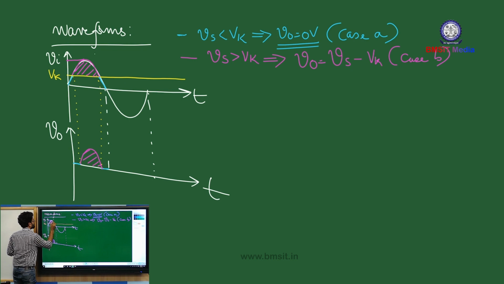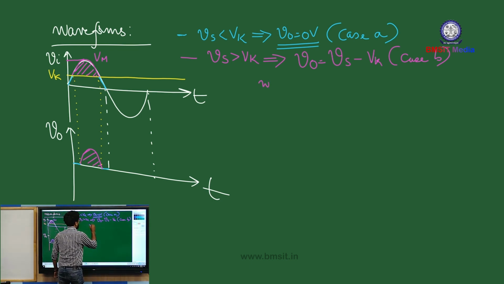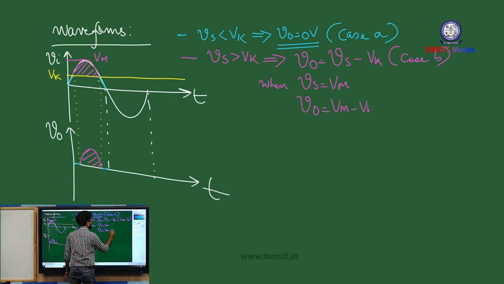So when your input reaches plus Vm, let me write here. When Vs reaches Vm, what will be the value of V naught? V naught is going to be Vm minus Vk.